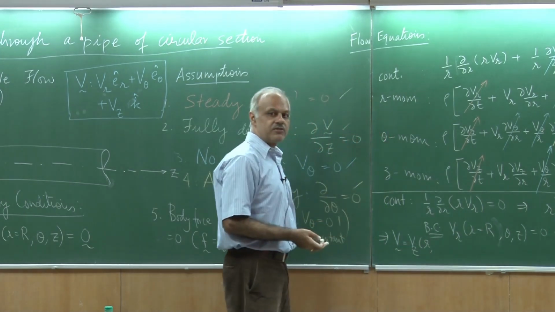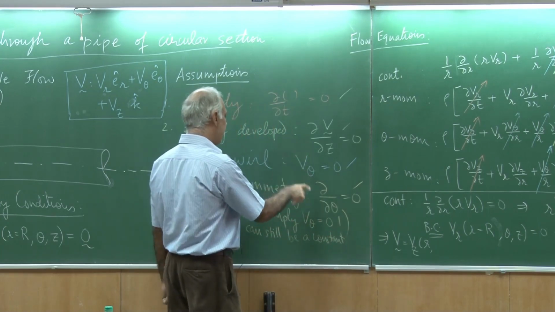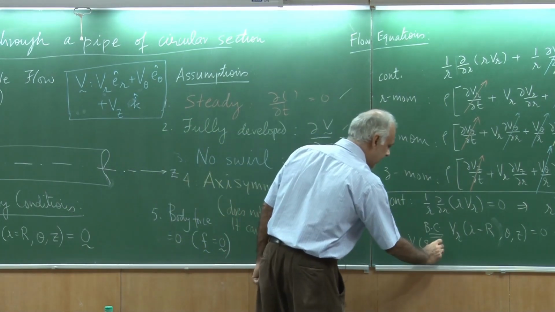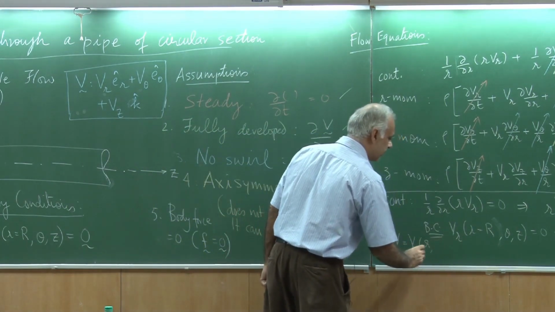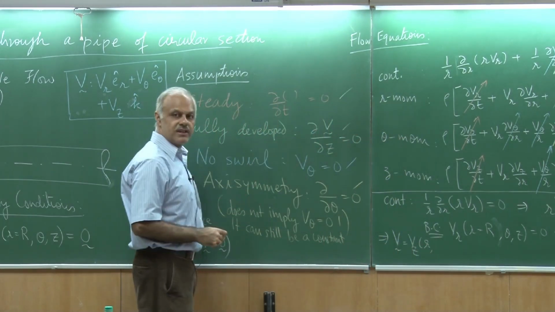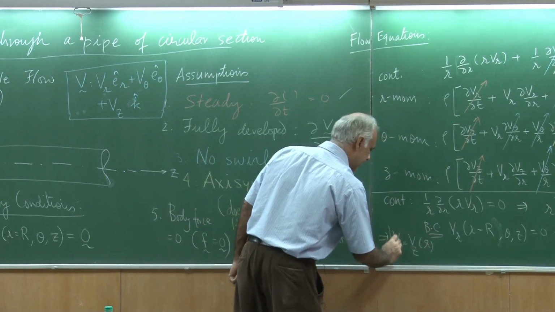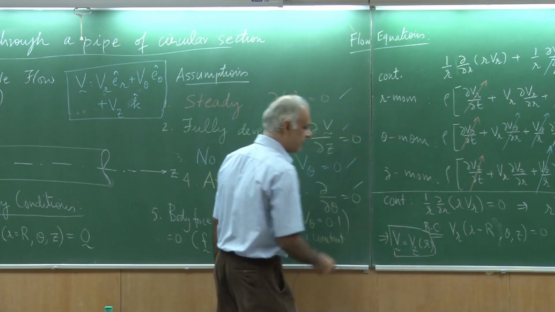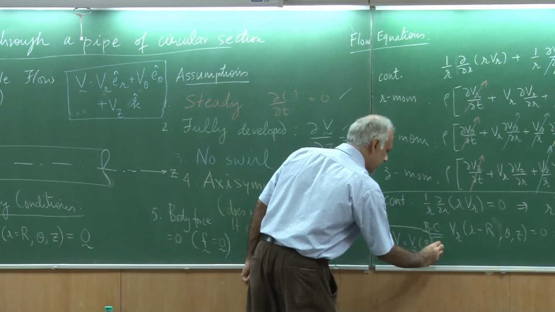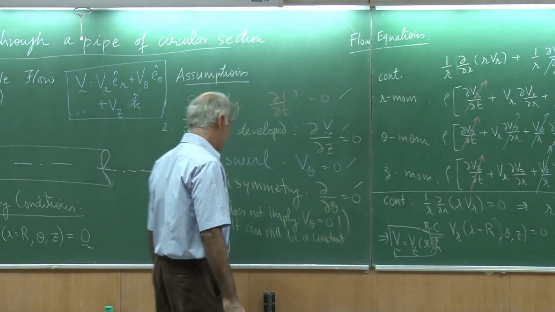It cannot be a function of theta, right, because that is again precluded by the axisymmetric assumption. So it can only be a function of either r, or it could be a function of z, but then it cannot be a function of z because it is fully developed. So I have been able to show you that this is your simplified velocity field. Okay. There is only a component Vz, so let me put a k here, it is in the k direction. Maybe I will erase it and put it again.